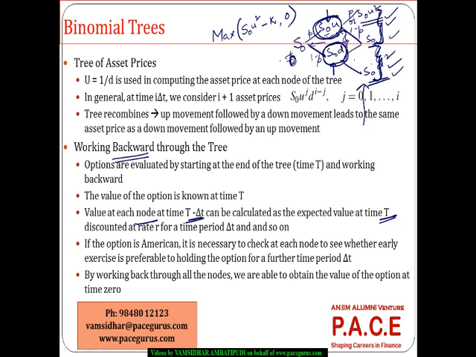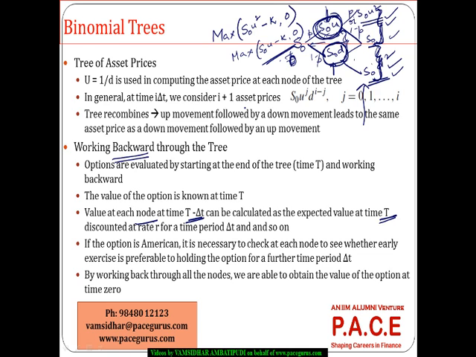But when I am talking about an American option, apart from looking at the present value of the expected value at time t, I also look at the value S naught U minus K, comma 0, which means if the option is exercised at time t minus delta t, what is the value? If the option is held up to time period t, what is the value?